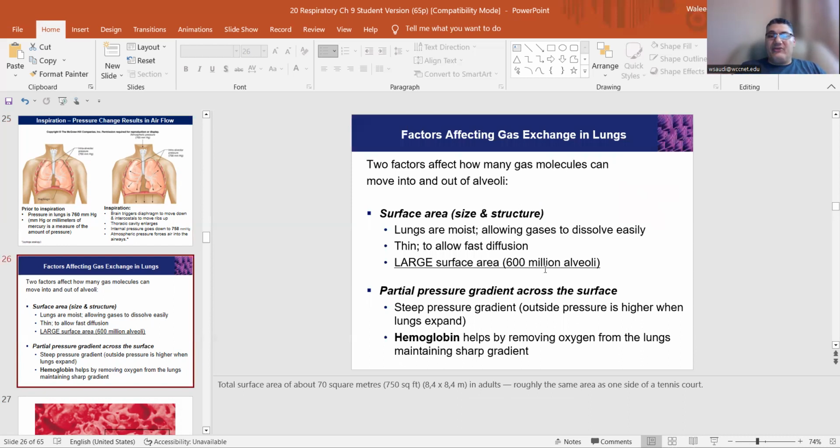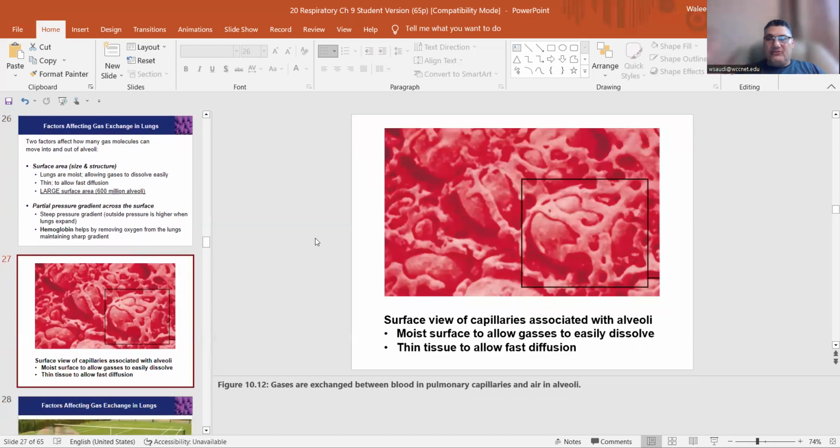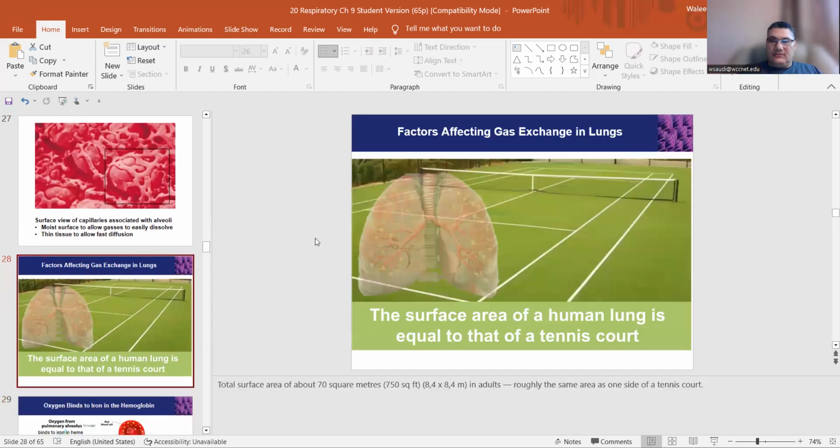We have about 600 million alveoli. This is how huge it is. So the surface area is huge. Of course, we can't do that, but if you unfold and spread all these walls of the alveoli and put them together, it will look like a tennis court. This is how huge it is.